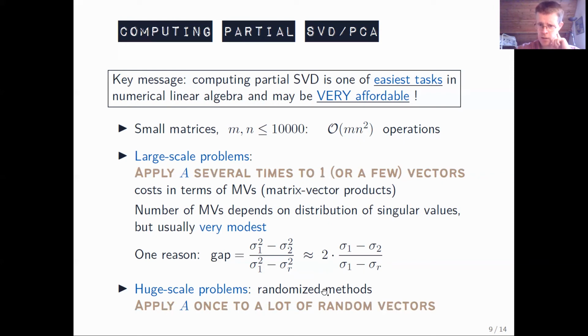So instead of one vector, you take a lot of random vectors, but you apply A only once. Or for some problems, you can try to apply just part of A, not the whole matrix, but just a part. Usually for the SVD, you have to apply everything of A.